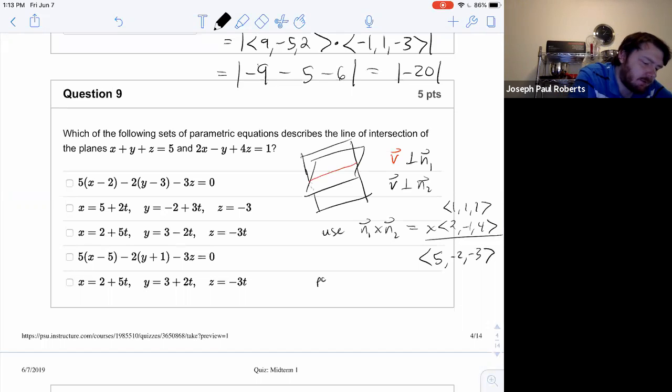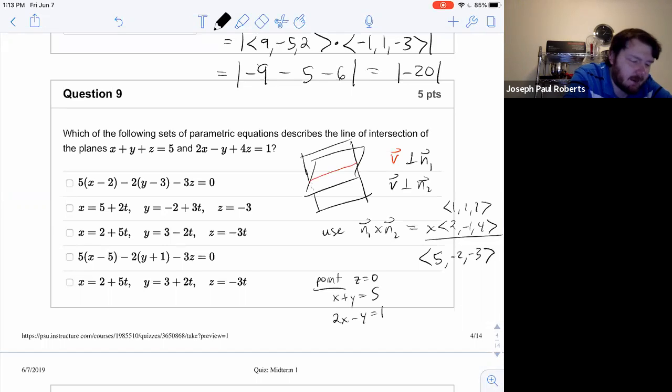Now we need a point. You might not have found the same point, but if you look for the point where z equals 0, then I'm looking at the system of equations x plus y equals 5 and 2x minus y equals 1.